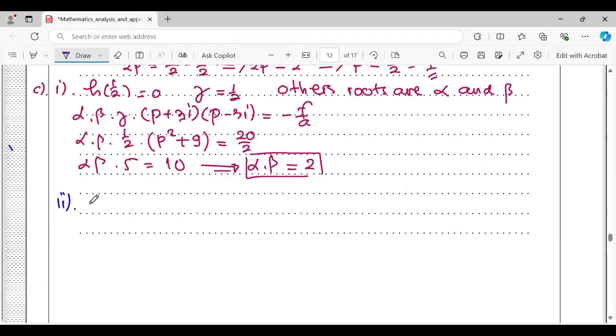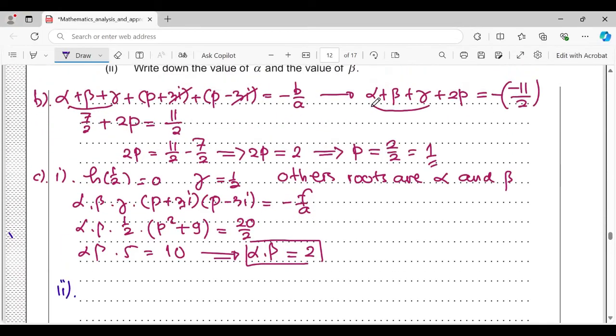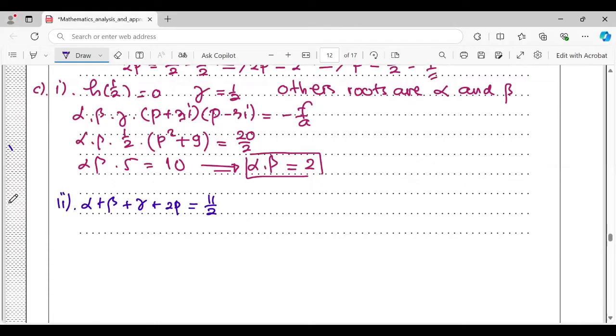According to the previous statement, alpha plus beta plus gamma plus 2p equals 11 over 2.